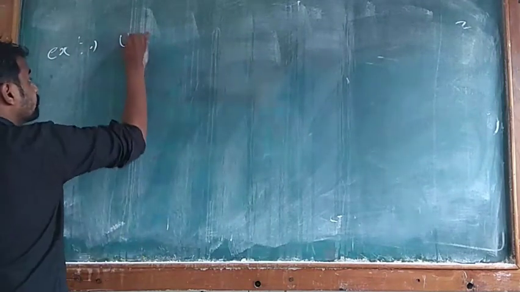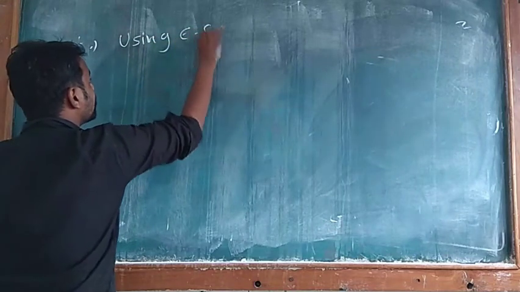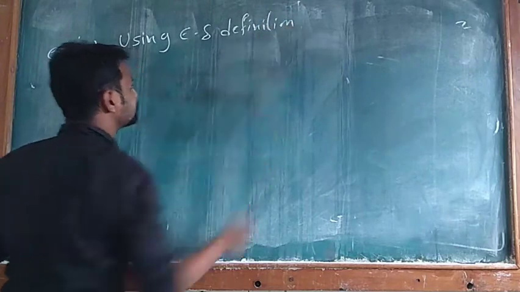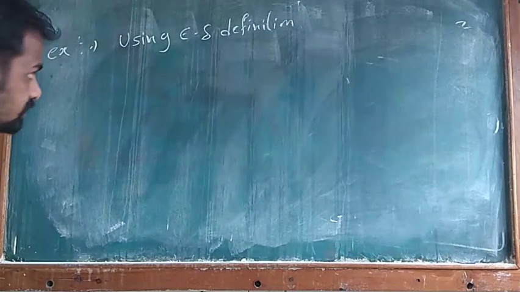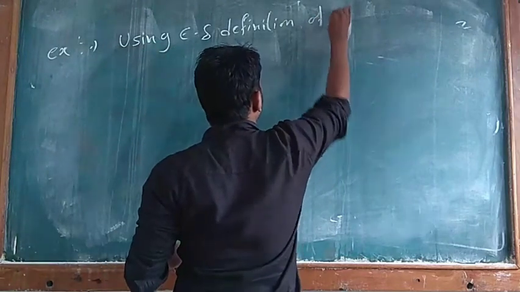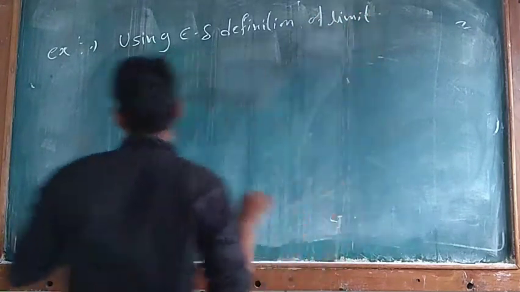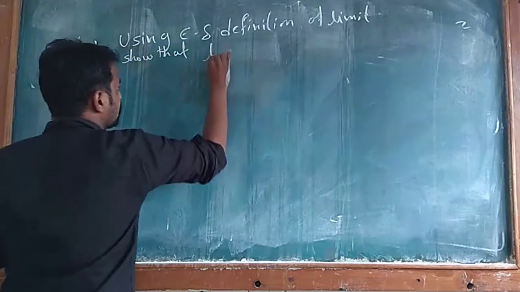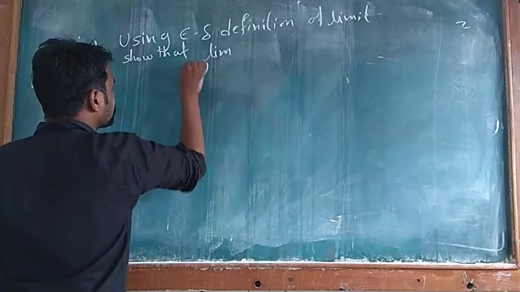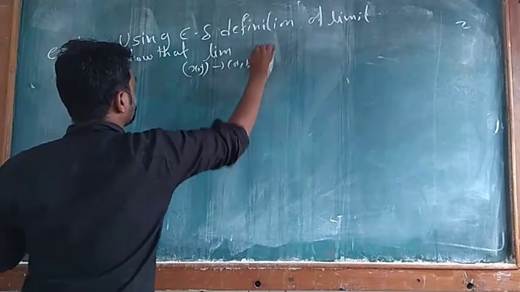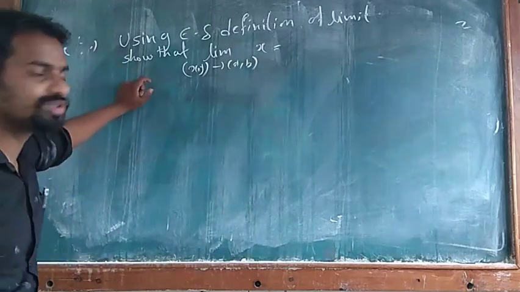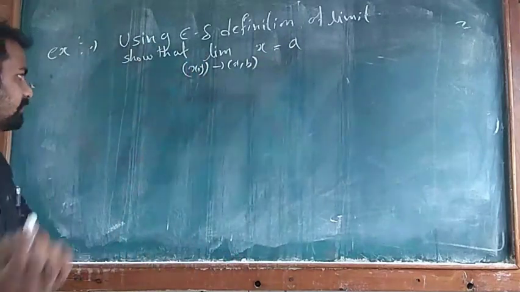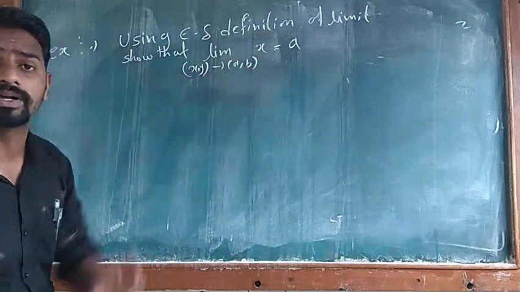Using the epsilon-delta definition of limit, show that the limit as (x, y) tends to (a, b) of x is a. All students also know this function goes to a. That is, if the limit as (x, y) tends to (a, b), then x is equal to a.